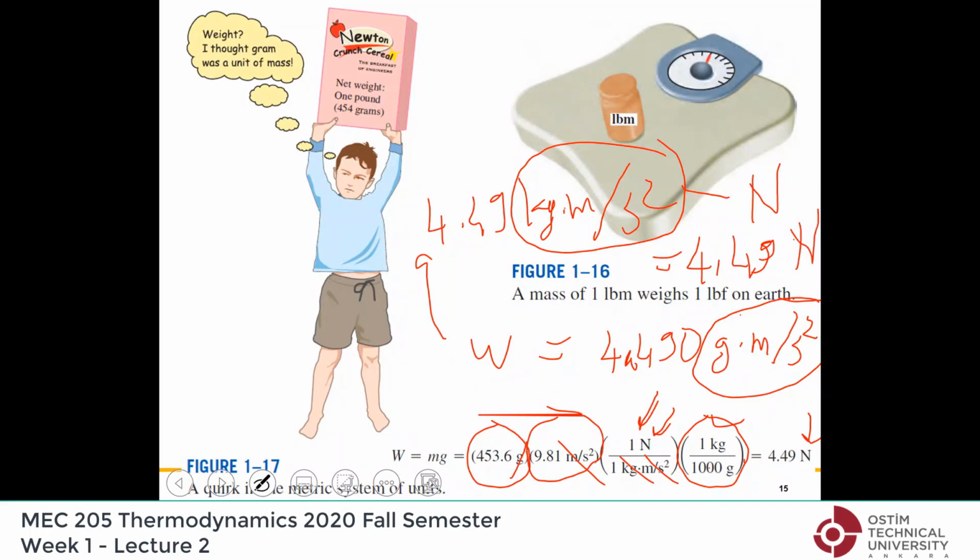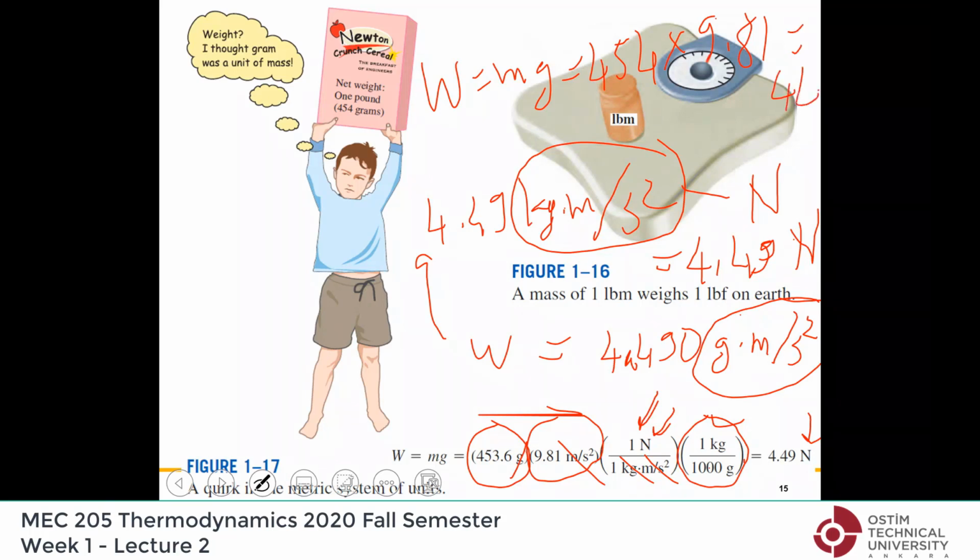But make sure that you do this unit manipulation. The worst thing you can do is, weight is equal to mg. What is m? 454. And what is g? 9.81, equal to 4,490. And what is the weight?